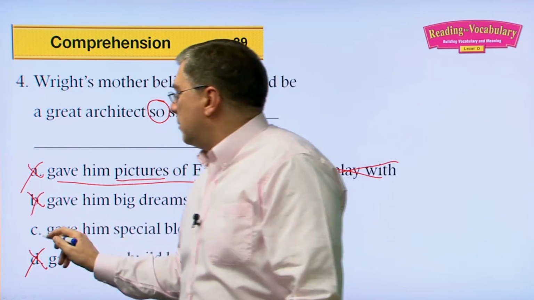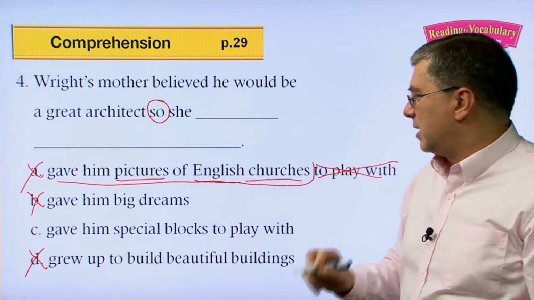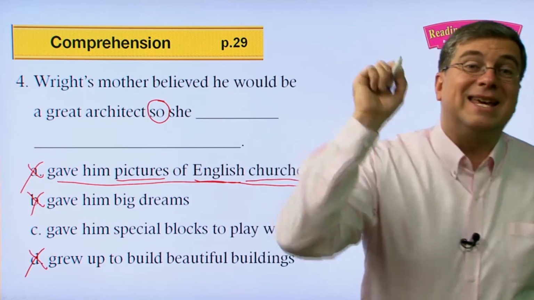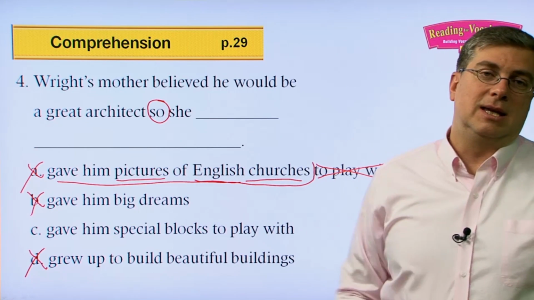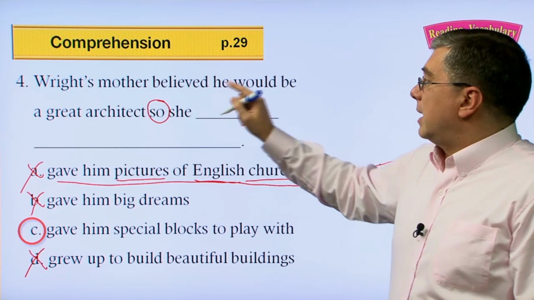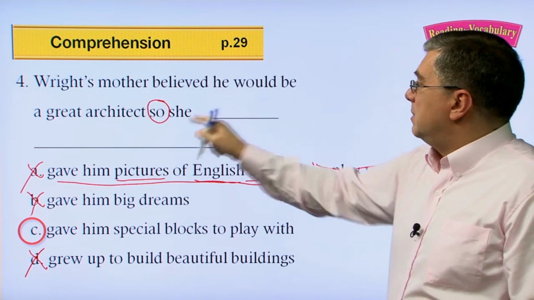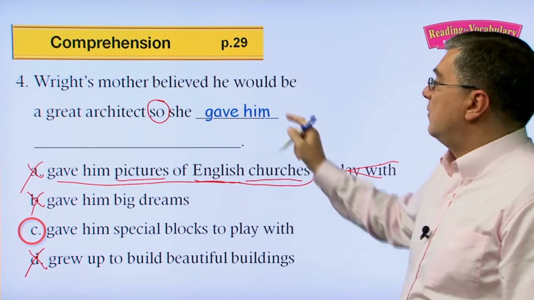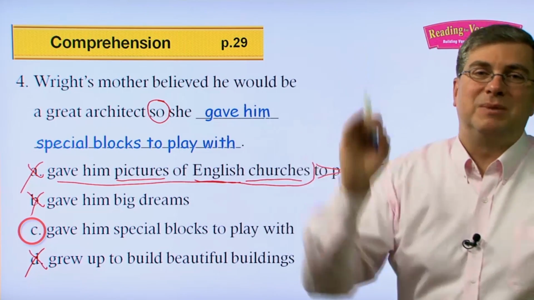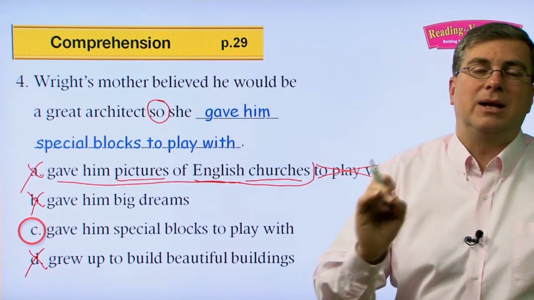So that's not right. But C is a better answer. She gave him special blocks to play with. That is specifically mentioned in the passage, so that is the best answer. So the right answer is Wright's mother believed he would be a great architect, so she gave him special blocks to play with. That's specifically what was talked about in the article.